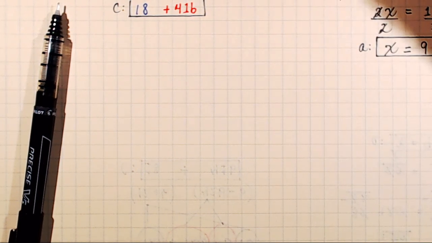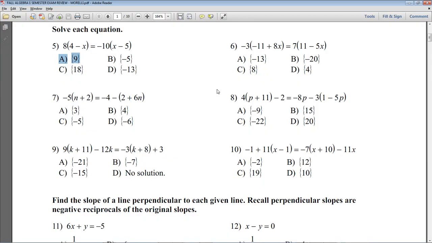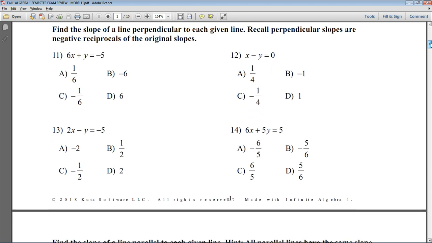If I show my screen again, go back to the problem set, scroll down a bit. We're going to work on this next section. It says here, find the slope of a line perpendicular to each given line. Recall perpendicular slopes are negative reciprocals of the original slopes.